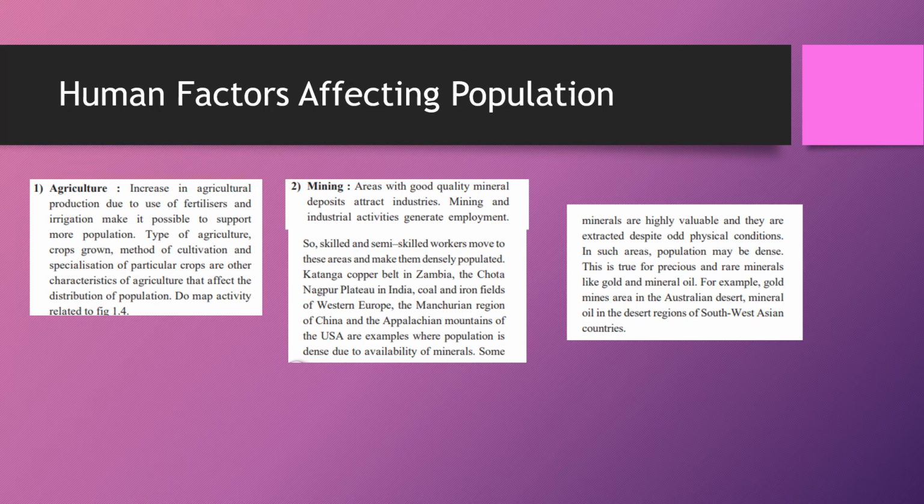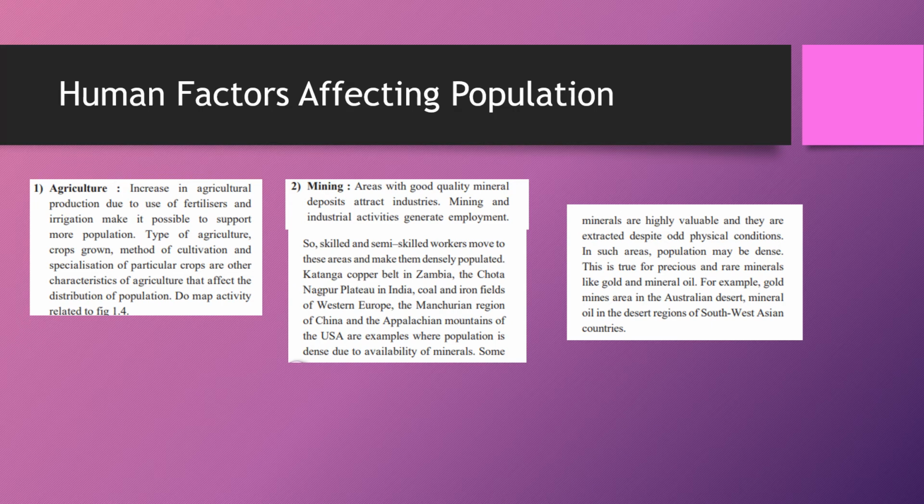For example, the Katanga Copper Belt in Zambia, the Chota Nagpur Plateau in India, coal and oil fields of Western Europe, the Manchurian region of China, and the Appalachian Mountains of the USA are examples where population is dense due to availability of minerals. Wherever minerals are available, mining has to take place, and for that we need both skilled and semi-skilled workers. Because of this, it attracts a lot of population.